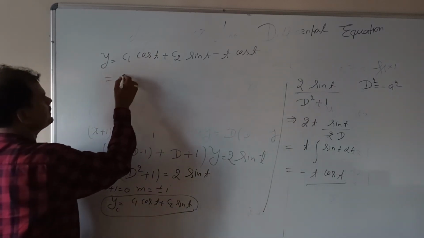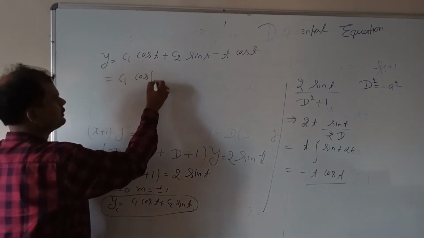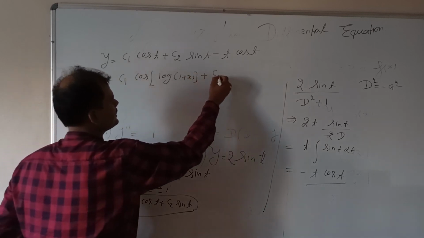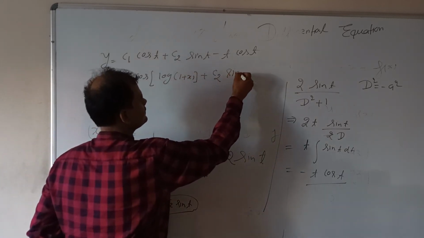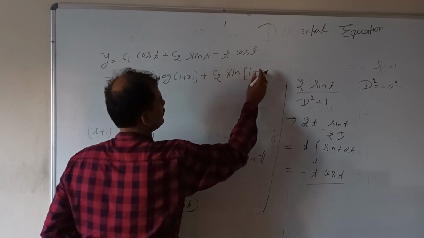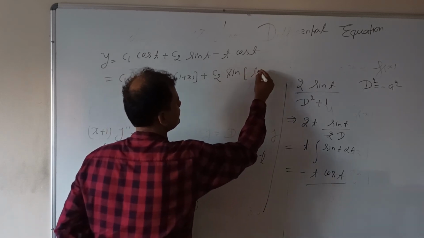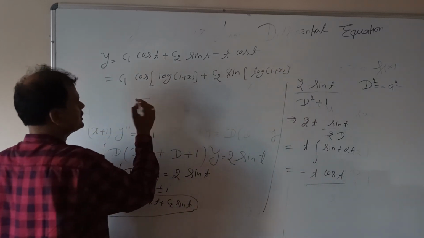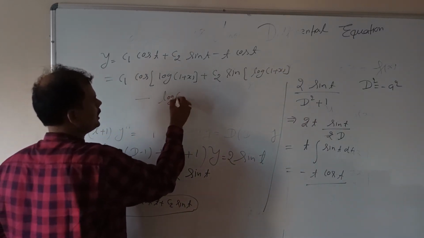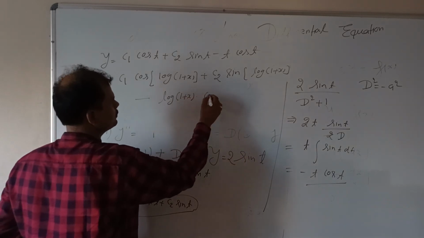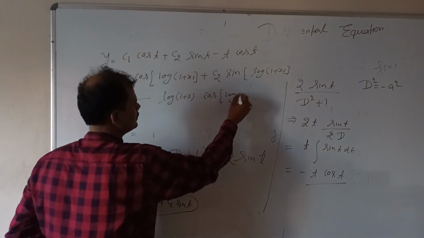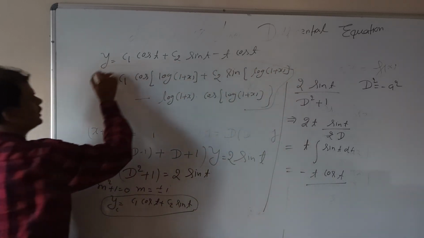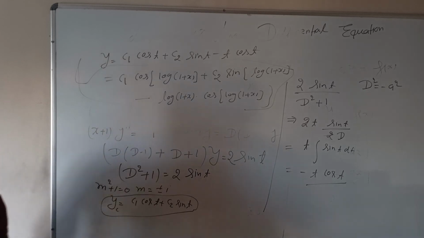So c1 cos(log(1 plus x)) plus c2 sin(log(1 plus x)) minus t, with t equal to log(1 plus x), into cos(log(1 plus x)). So this is the answer of this given question in terms of x.